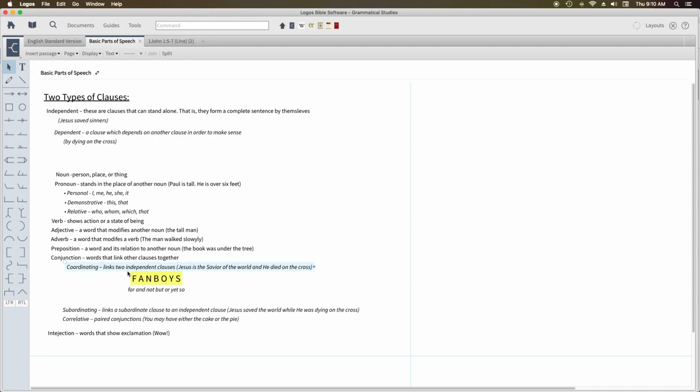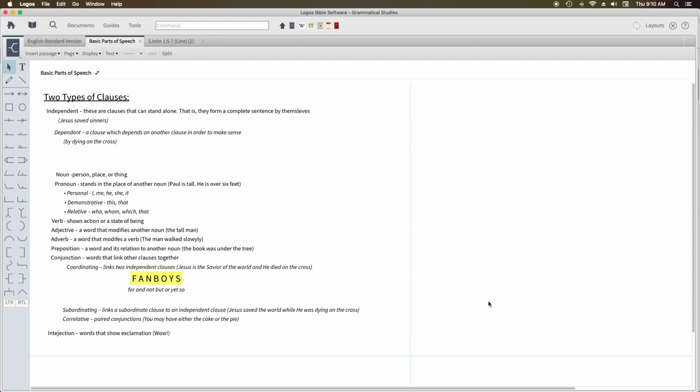So that's the easiest way to remember your coordinating conjunctions. However, don't assume that if you see one of these words it's automatically coordinating something, because a couple of these can be used as other types of conjunctions. So we need to really look and make sure that it's coordinating independent clauses together and not subordinate clauses.